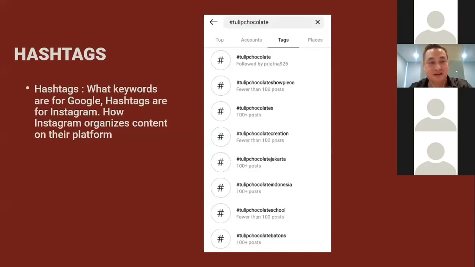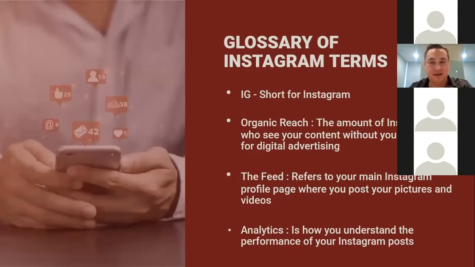Okay, so one more thing before we get started is that I just want to go over a few glossary of Instagram terms, right? So I'm going to use some of these terms throughout the presentation, and I just want to make sure that you understand what I'm talking about. So IG is usually just short for Instagram.